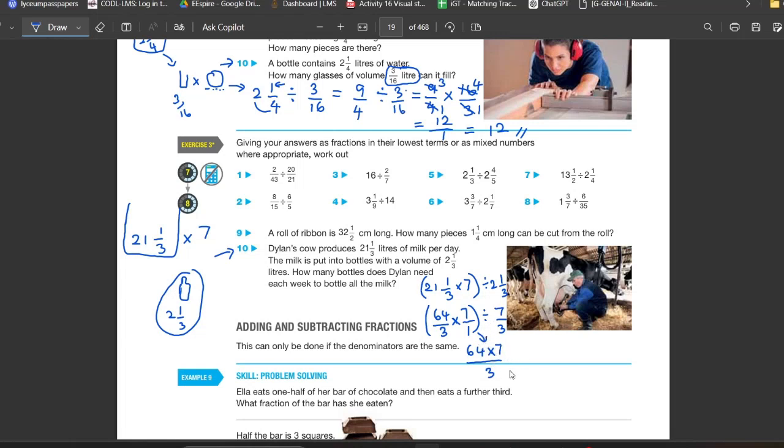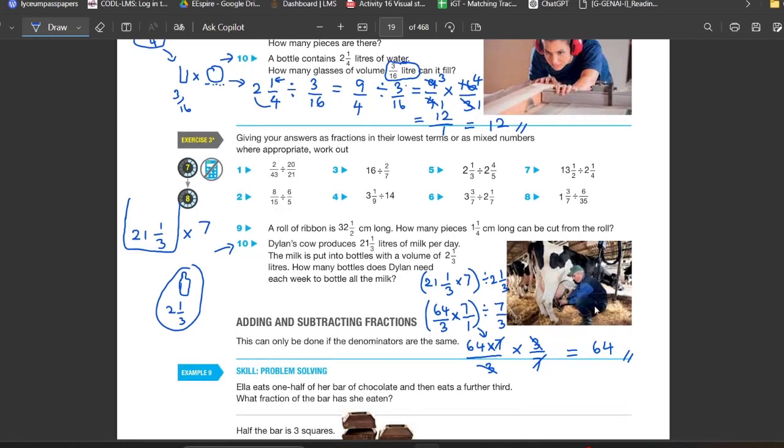And now the usual steps of division. We turn the division into multiplication, turn this upside down, 3 over 7. Now these two cancel out. So we are left with 64. So Dylan needs 64 bottles each week. That's the answer.